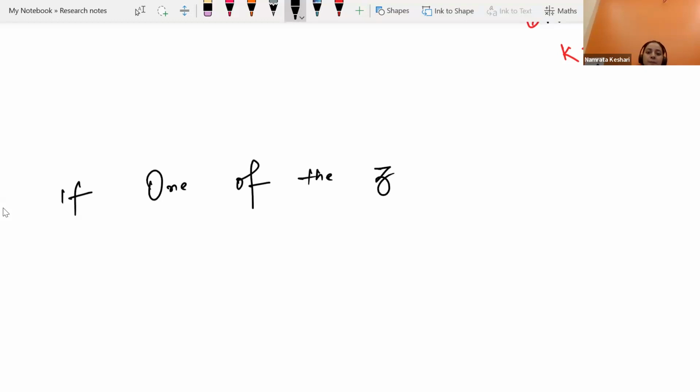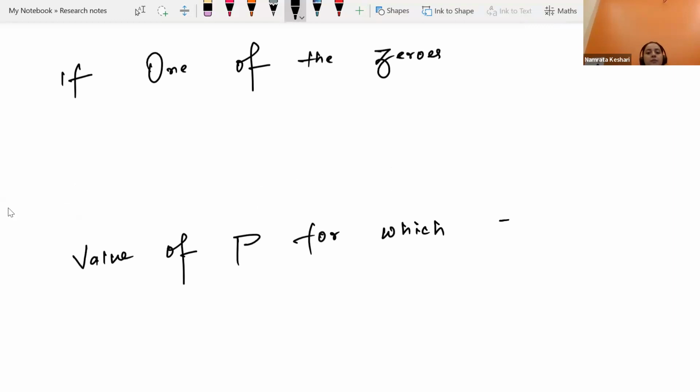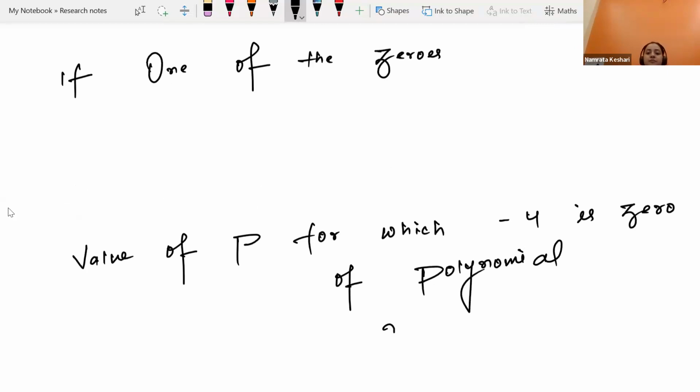Value of p for which minus 4 is a zero of the polynomial x square minus 2x minus (7p plus 3).